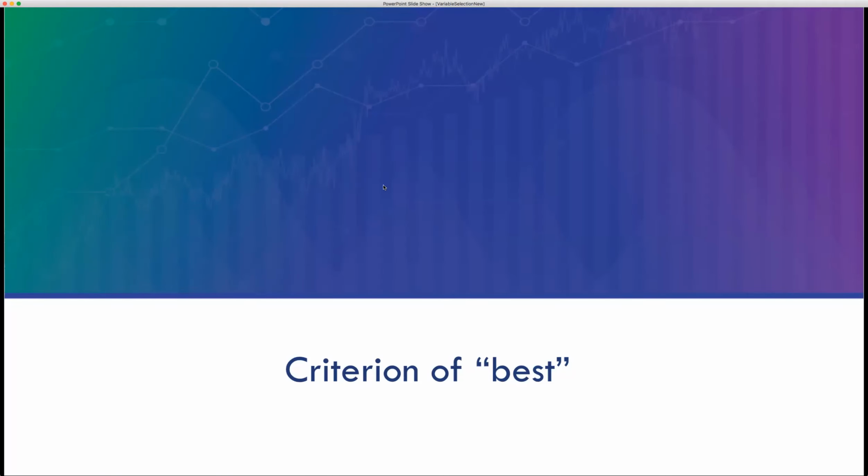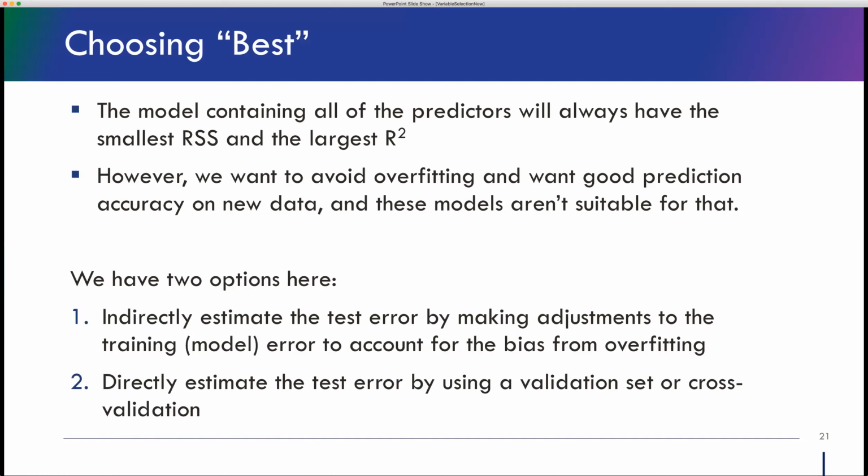Let's talk a little bit more about the criterion of selecting the best model. Previously we learned how to do the selection, like best subset selection and stepwise selection, including forward and backward.